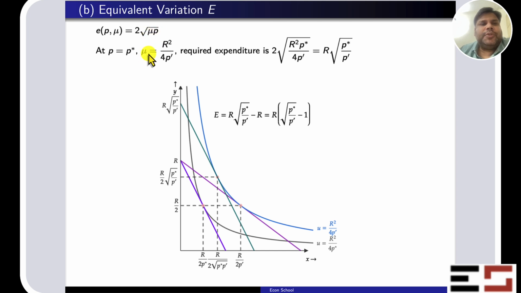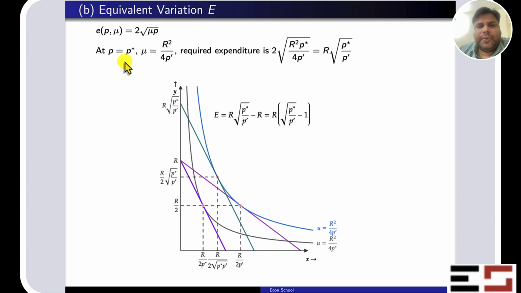Here you just have to substitute in place of mu the target level of satisfaction, and in place of p the original price P star, and you will get that the required expenditure is 2 root R square P star by 4P prime, right? Because if you put in place of mu this particular expression, and in place of p this particular expression, you'll get exactly this expression, and when you simplify it, you'll get R root P star by P prime. Okay, so this is the amount of money that is needed to achieve this new level of satisfaction at the original price P star.